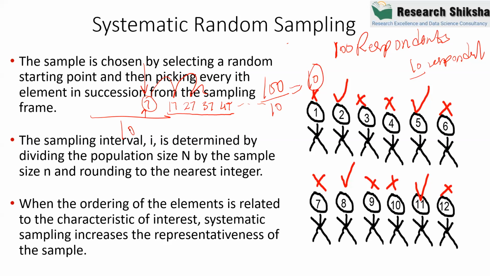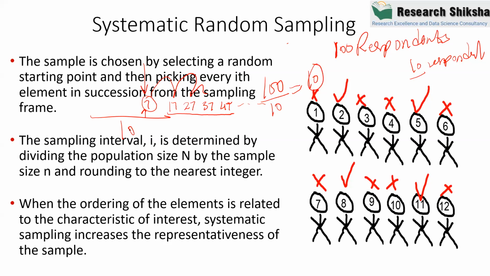And anybody from whom I collect the data, I pick randomly. So my all the selections are random. So that's why this is called random selection, random sampling method. So this is just a manipulation of the data collection method.